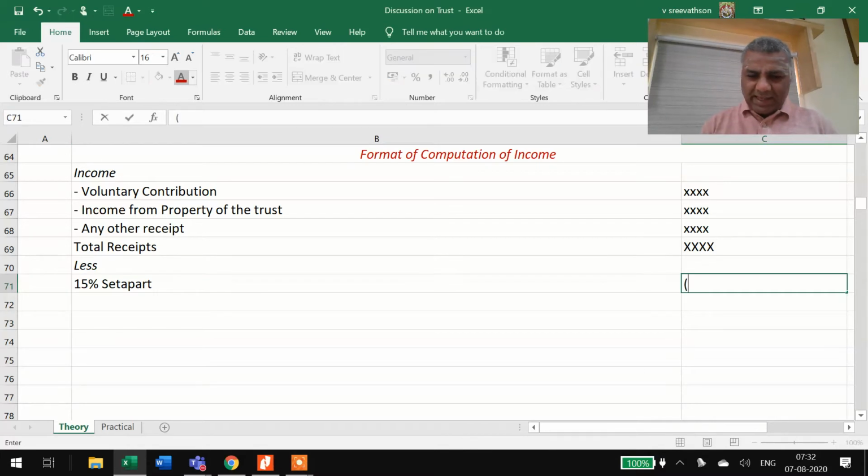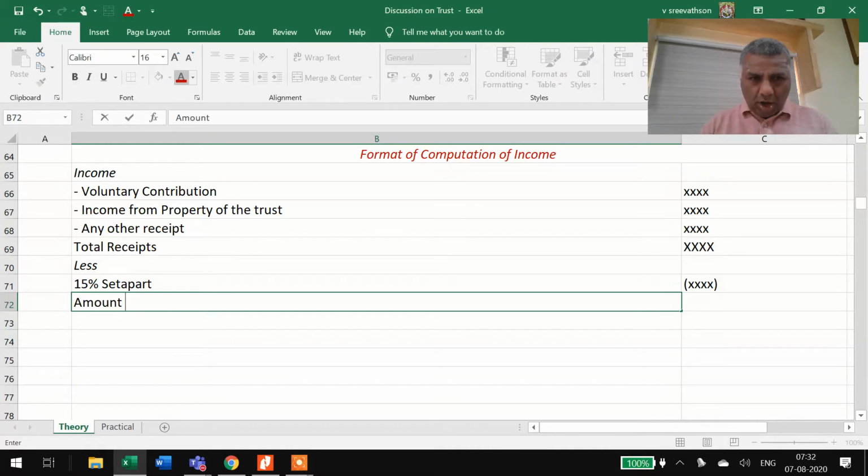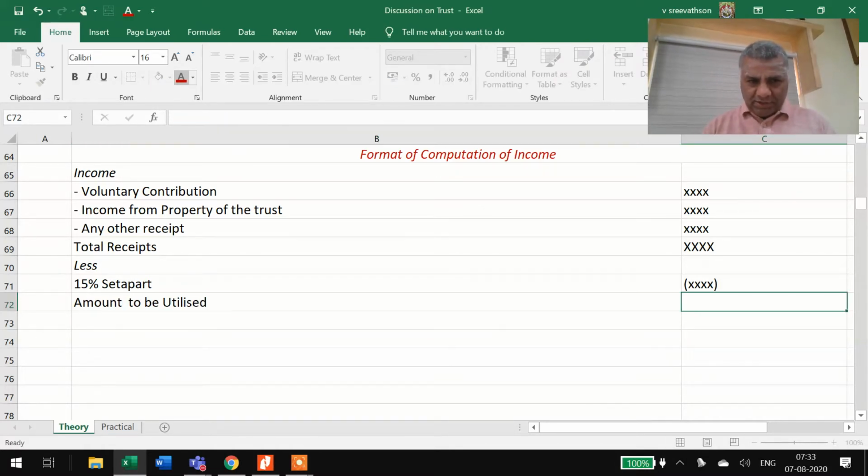This is like a standard deduction. I want the trust to utilize only 85%. So this 15% is standard deduction.